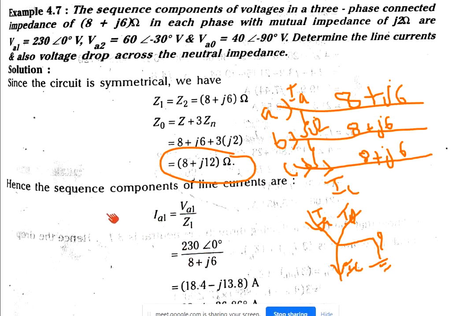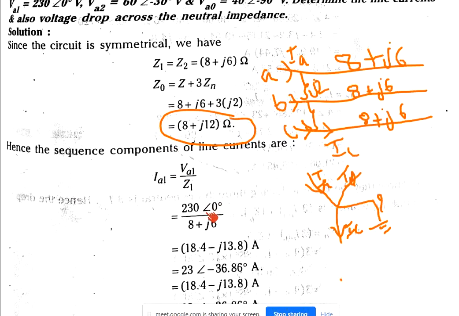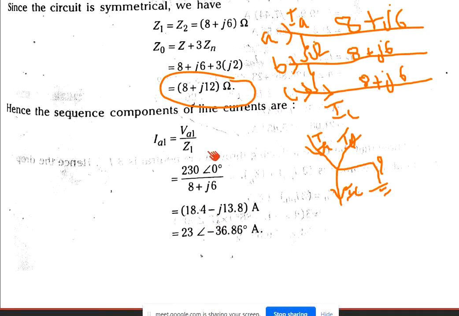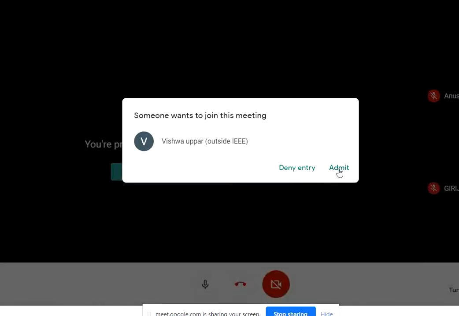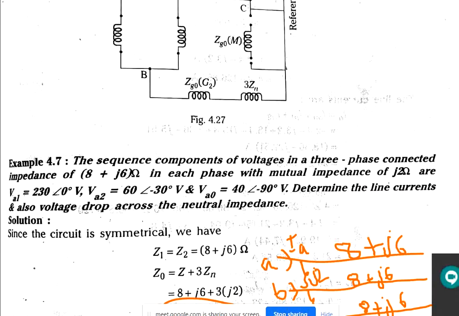How do we find the sequence components of line currents? The sequence components of line voltages have been given.